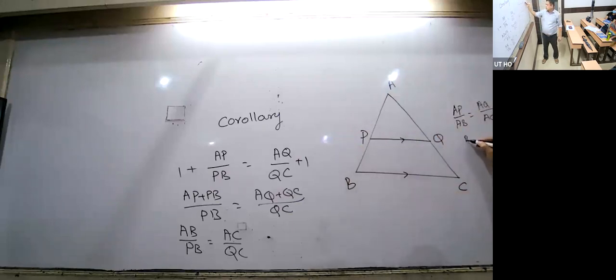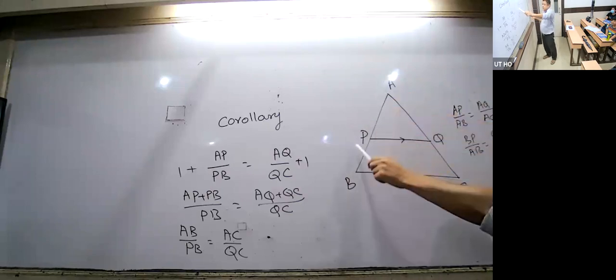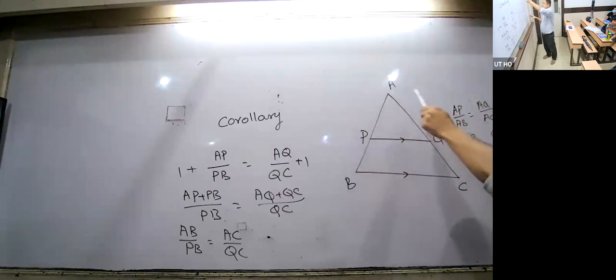If it is BP upon AB, then BP is corresponding to QC, so QC upon AC. These are called corollaries of each other. AP upon AB is equal to AQ upon AC.